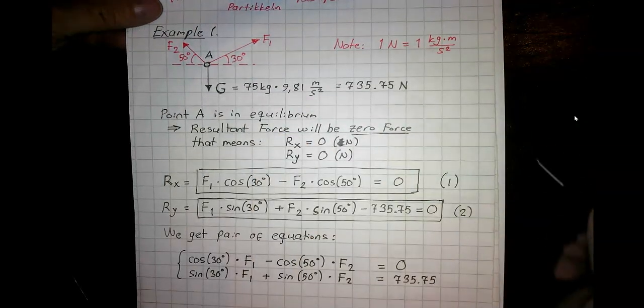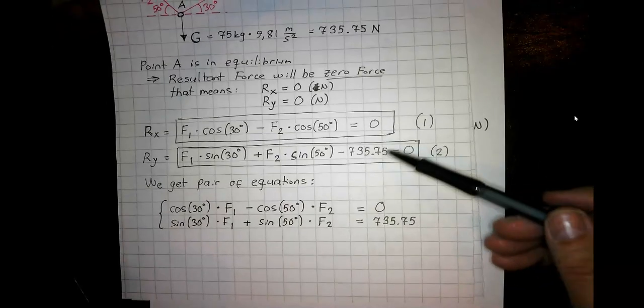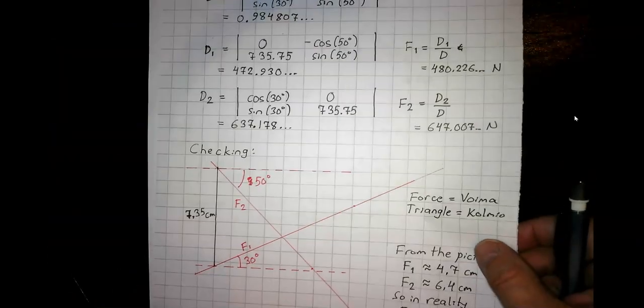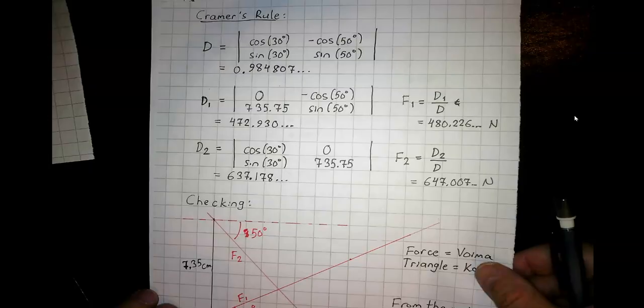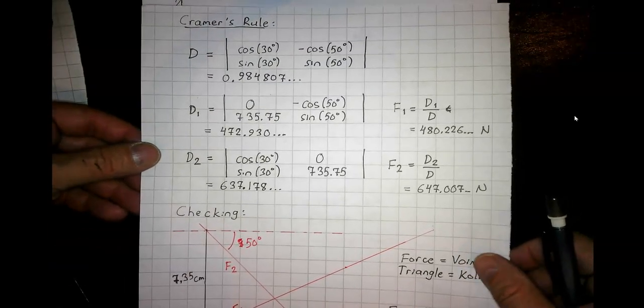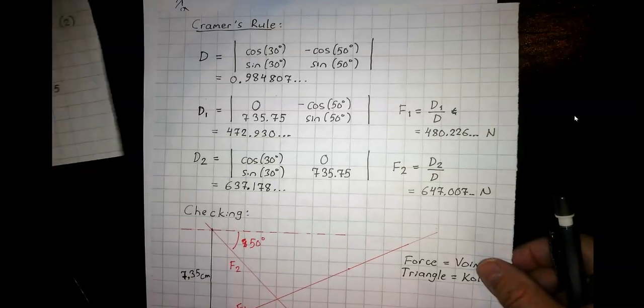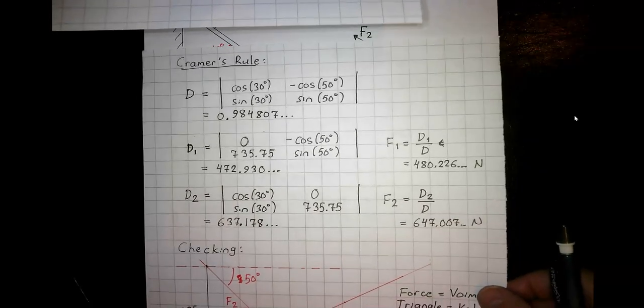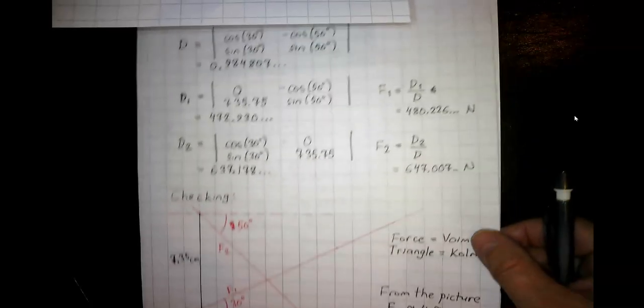So the sum force to this point is 0. And then we always get a pair of equations, and in this course we solve that pair of equations with the help of Cramer's rule, by making those determinants from those equations. The same method as in the algebra and geometry course.